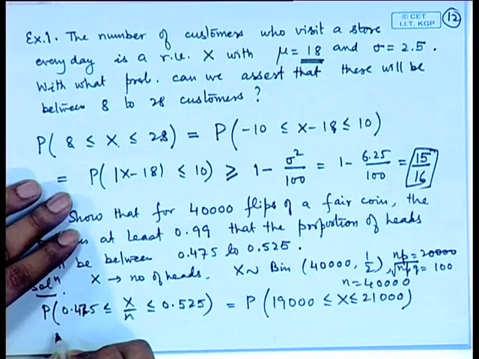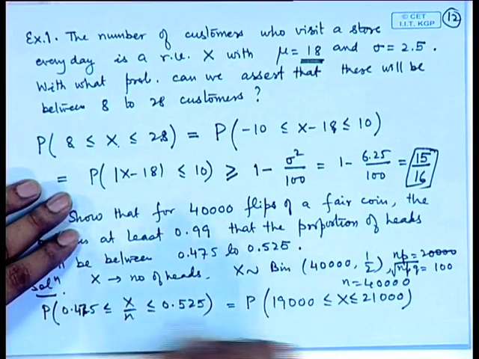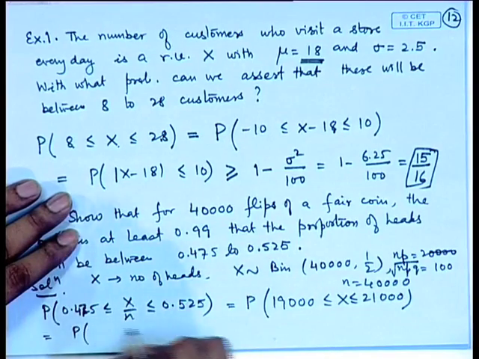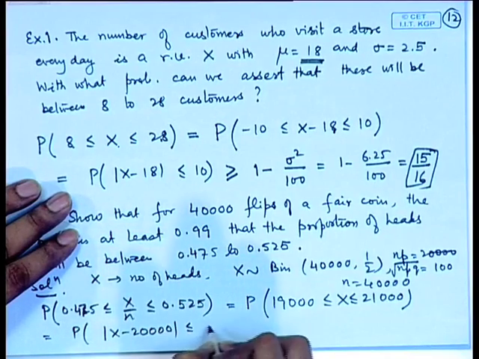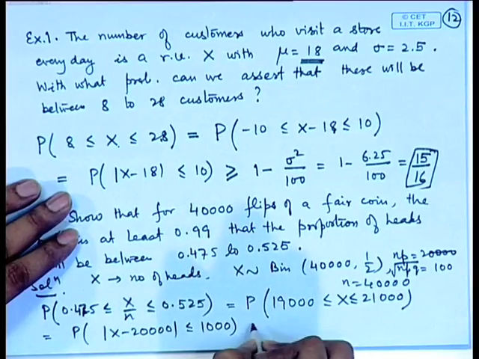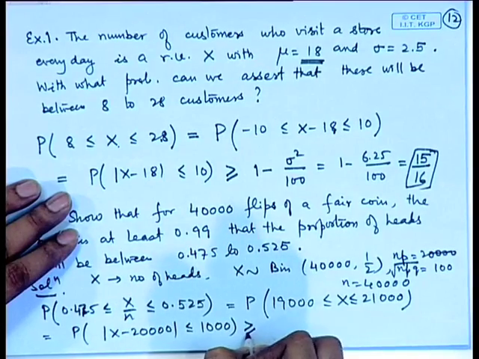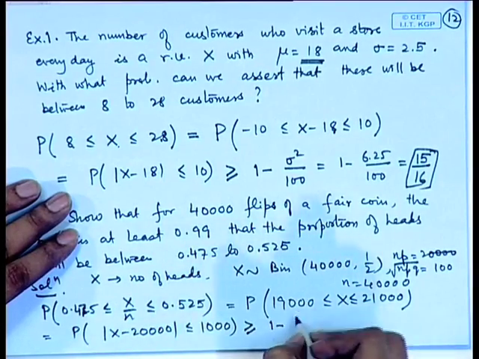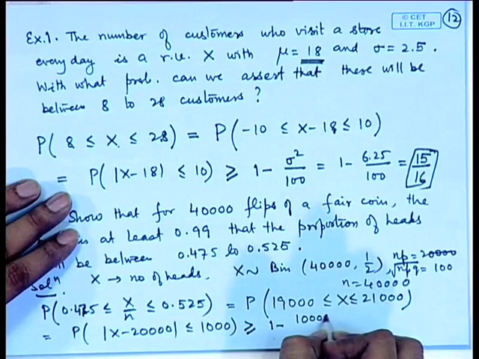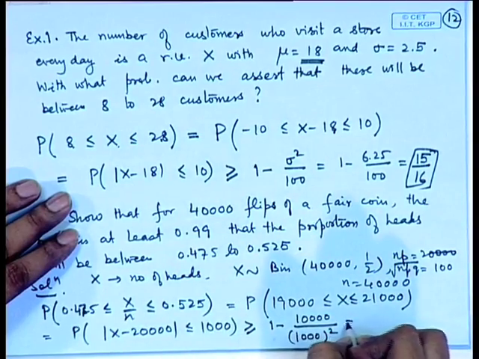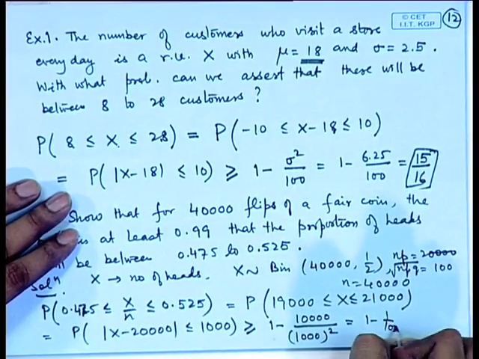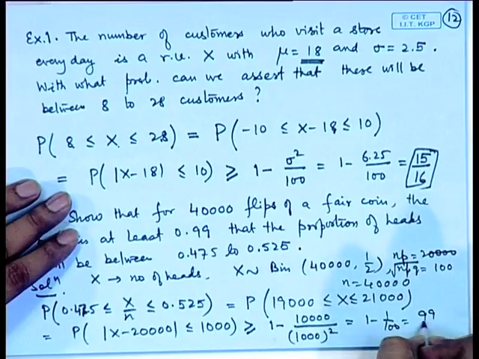So, this probability is probability of modulus x minus 20,000 less than or equal to 1,000, which is greater than or equal to 1 minus sigma square by k square, which is 1 minus 1 by 100, that is equal to 99 by 100.